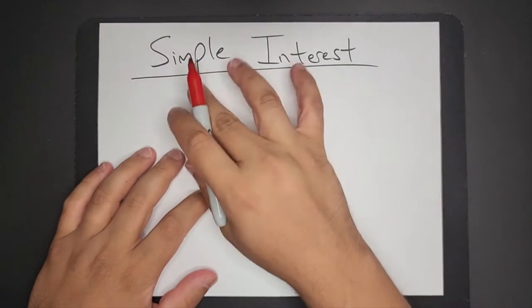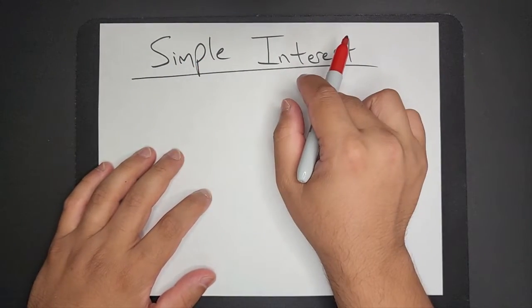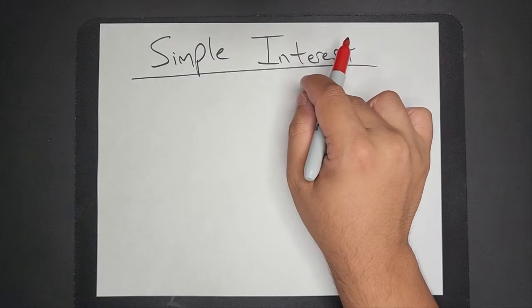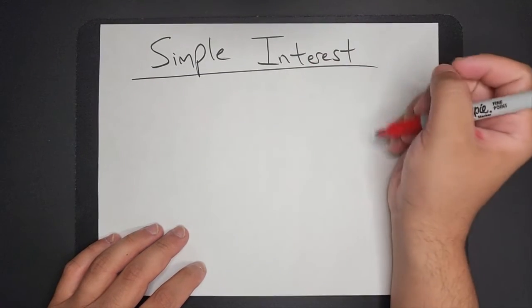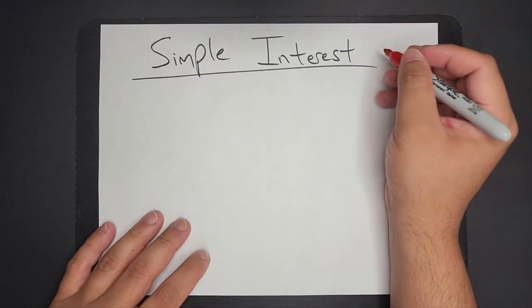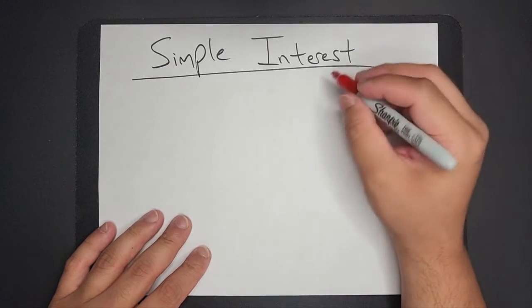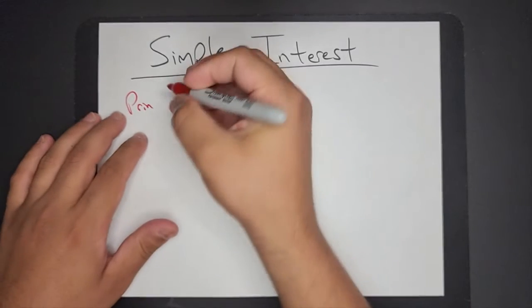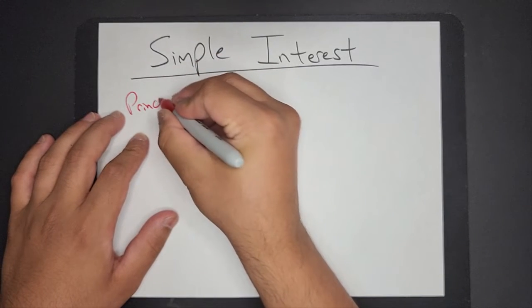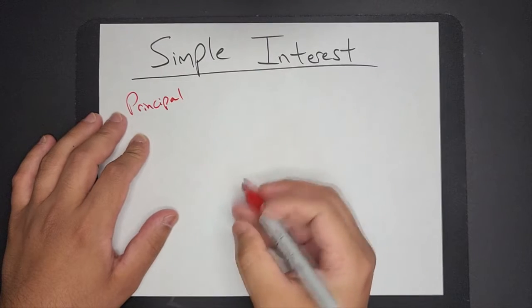Okay, so in this video we're going to be looking at simple interest, a topic that is actually pretty relevant to the real world. So let's start off with a few definitions. Let's look at principal.